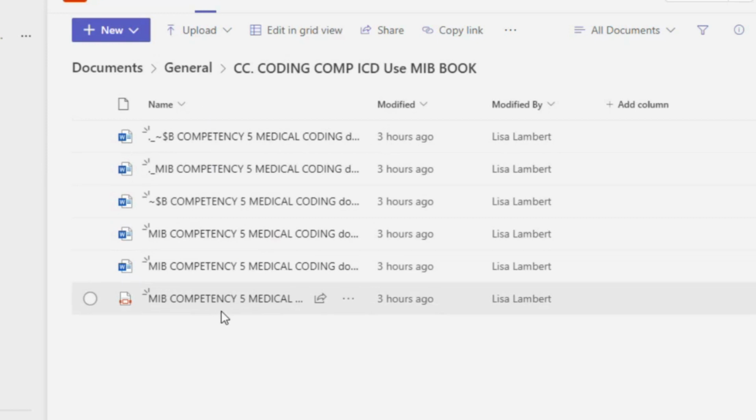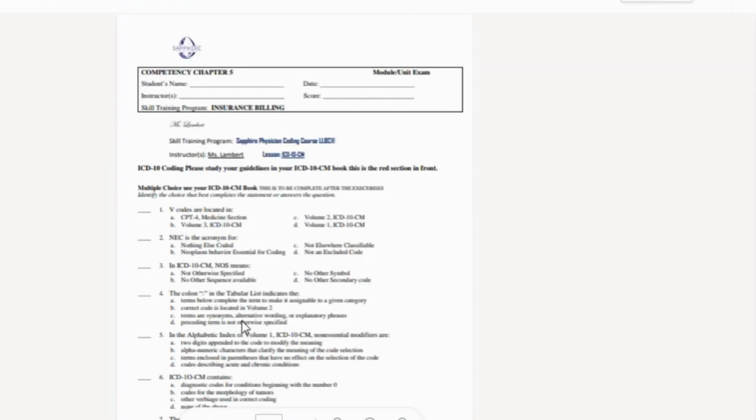Okay, so let's look at this. This is the MIB competency. See how it says MIB? This is MIB competency. This test is in the MIB book. I'm calling it MIB. Where are you at? Oh, there it is. Okay, here it is. And this book, this is where you're going to get that from.